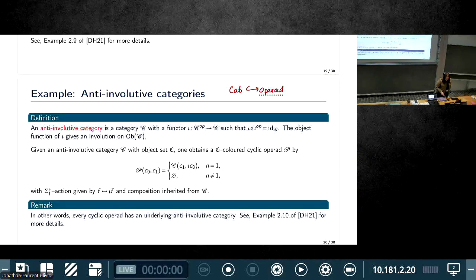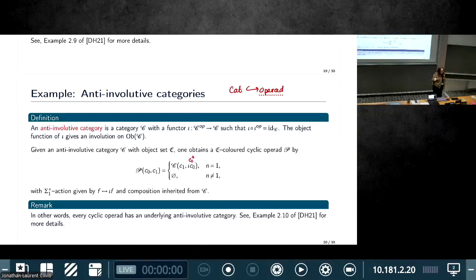So for any anti-involutive category with set of objects C, you can define a C-colored cyclic operad where the maps from C0 to C1 are the morphisms in my anti-involutive category from C1 to basically C0 dual. That's how I'm thinking about that. And it's empty otherwise.